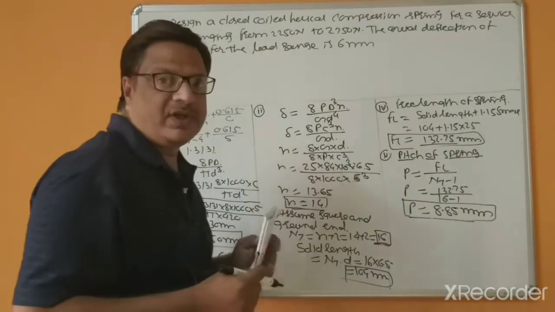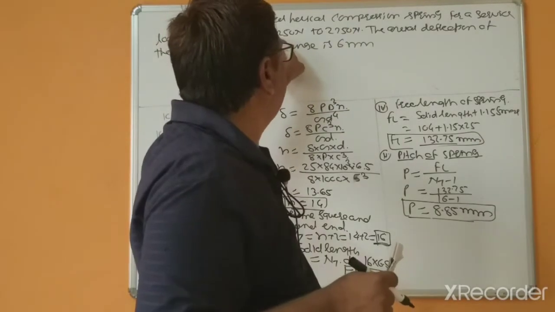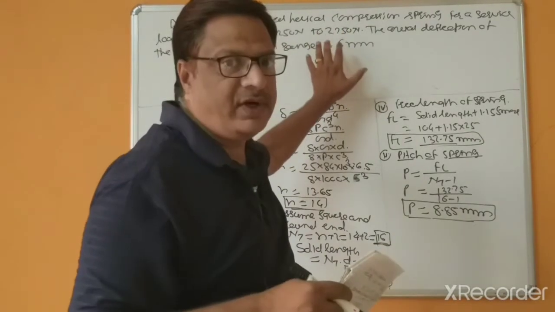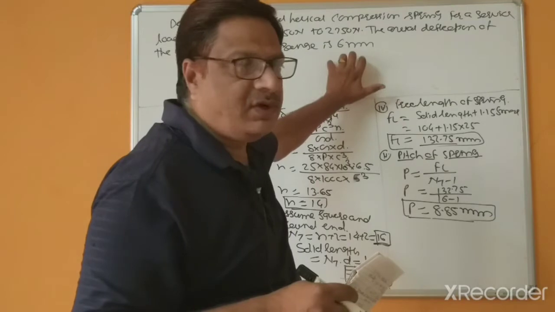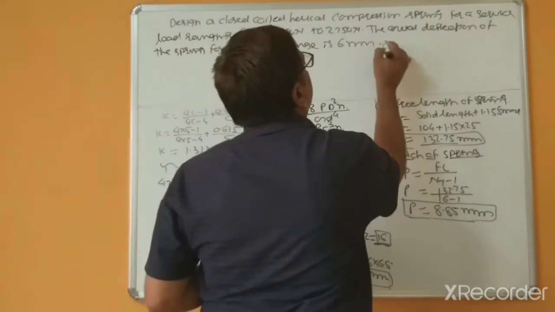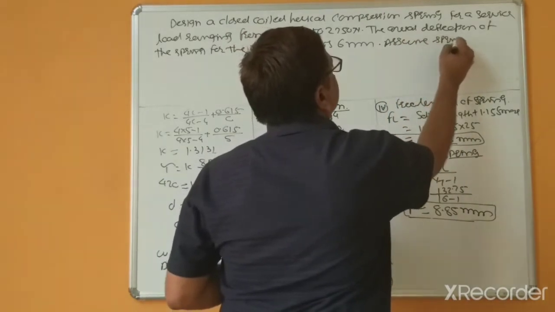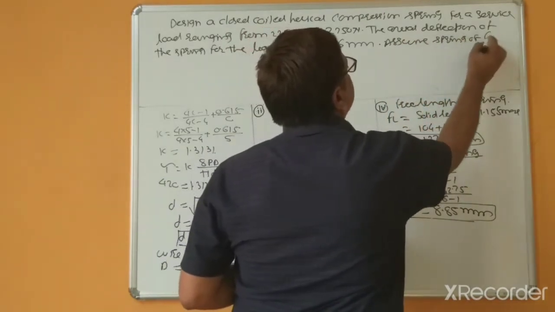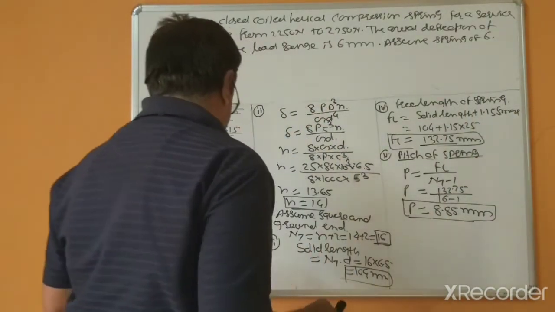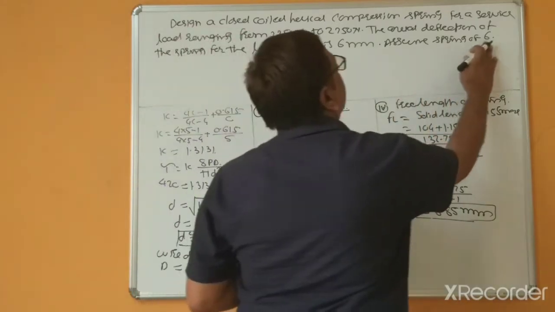For the load range, 2750 is the maximum load, and minus 2250, this means 500 newtons. So the deflection is equal to 6 mm. Assume spring index of 6. Sorry, this is 5 given.